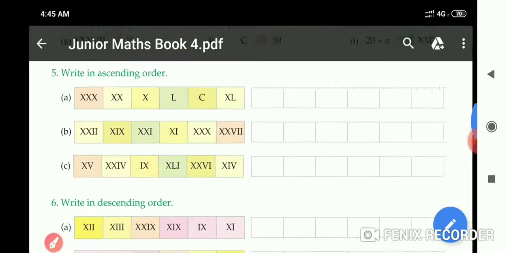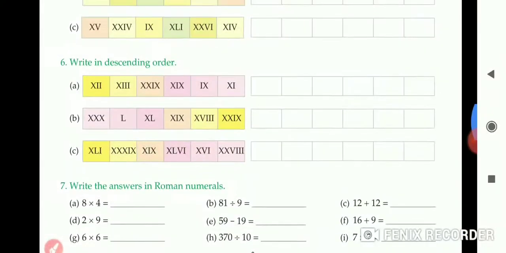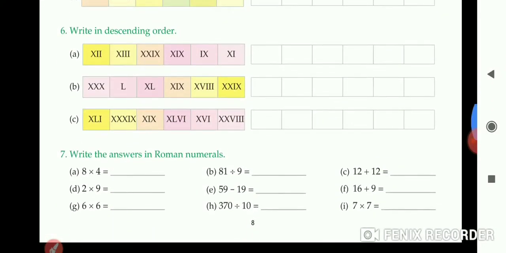Now question number 6. Descending order. Part A, 12, 13, 29, 19, 9 and 11.